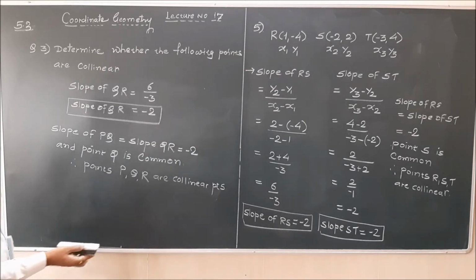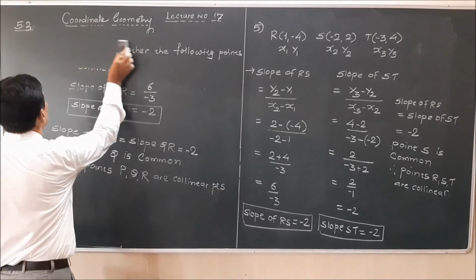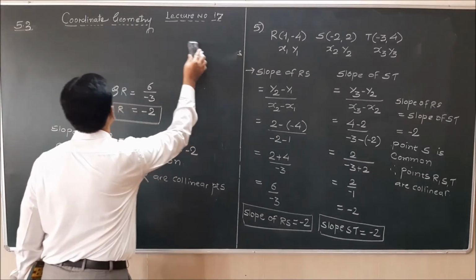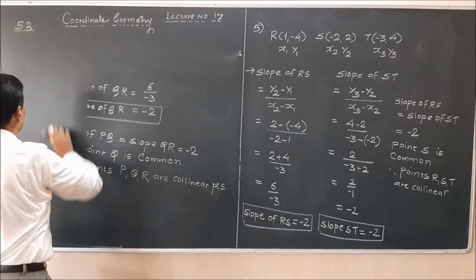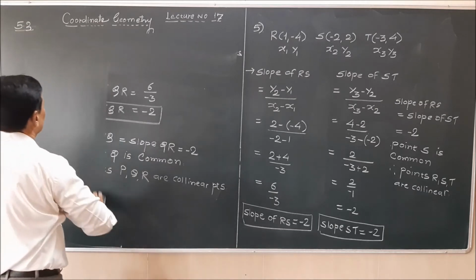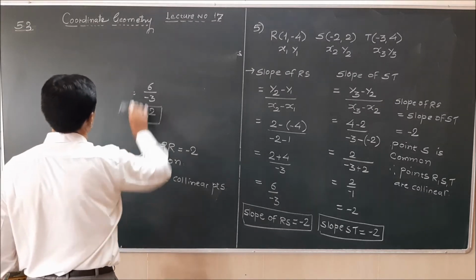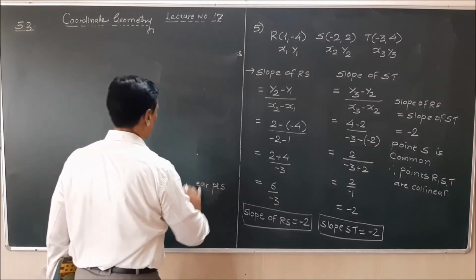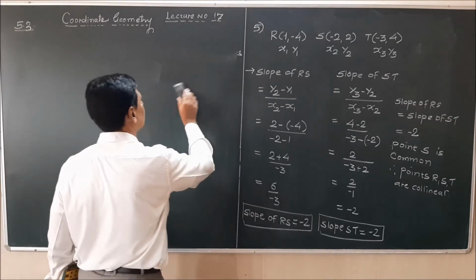We only have to find out their slopes, and if we get the same slopes, then we have to mention, since their slopes are equal, they are collinear. Same sums.